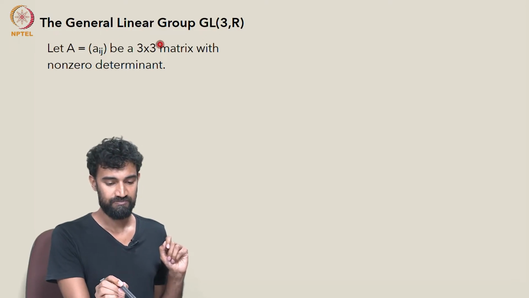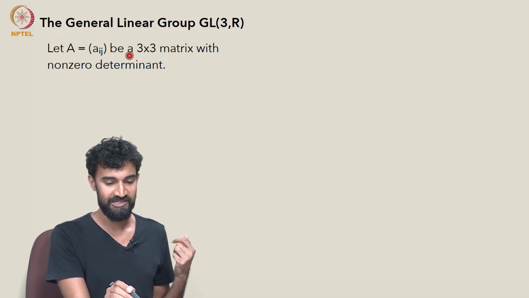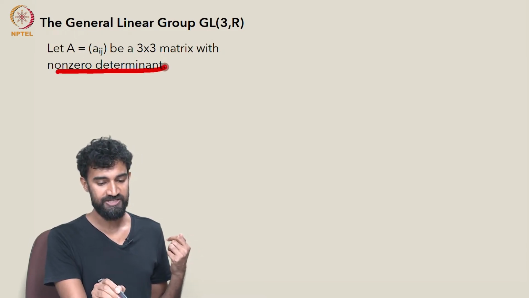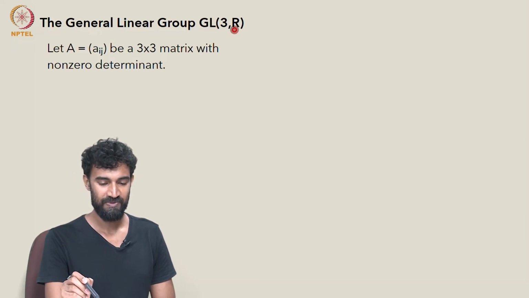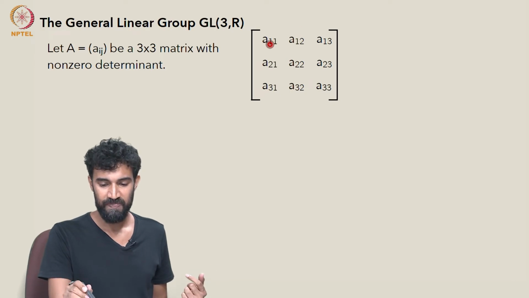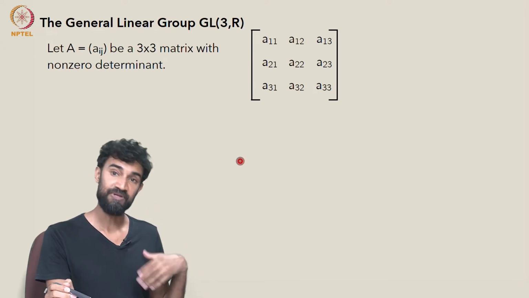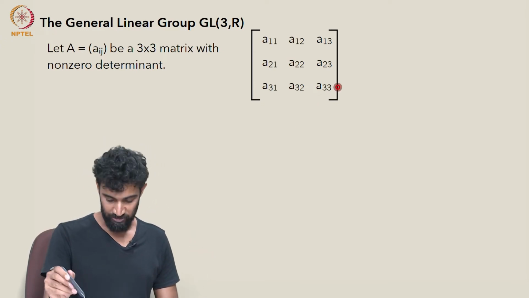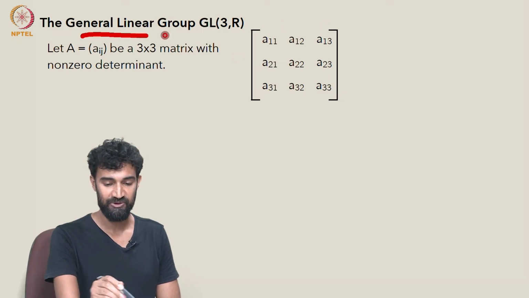So let A be some element of the general linear group, a 3 by 3 matrix with non-zero determinant and real number entries. That's what the R stands for. Each of these 9 entries is a real number, and the determinant is non-zero. It's an invertible matrix. That's all that makes it an element of the general linear group.